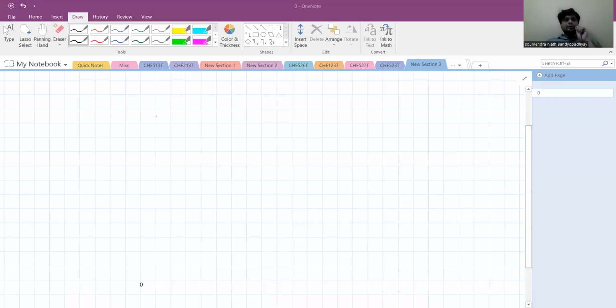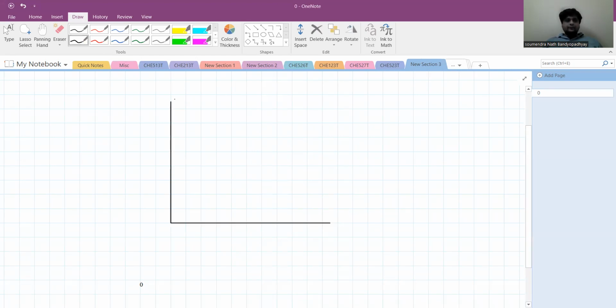A state function is a function whose value does not depend on the path taken. Suppose I have a coordinate axis. So I'm just defining a 2D space.